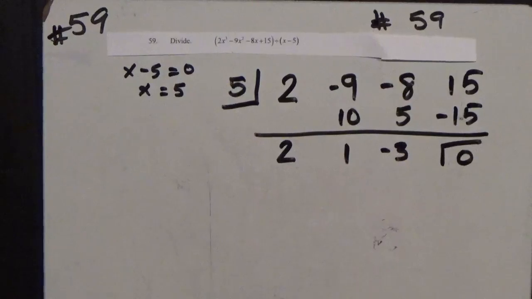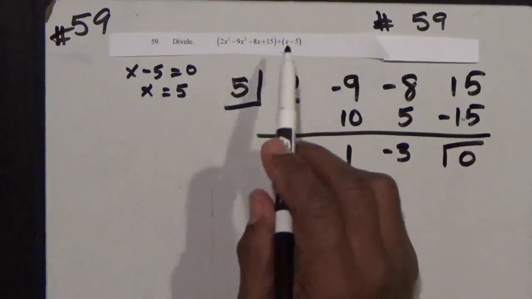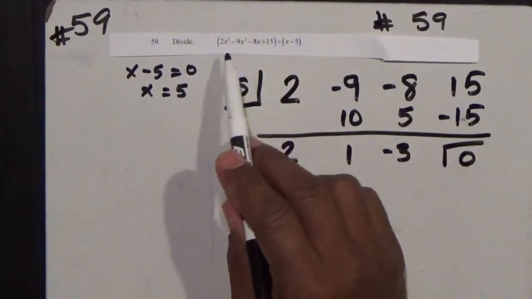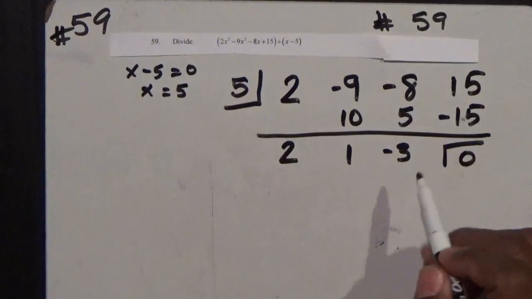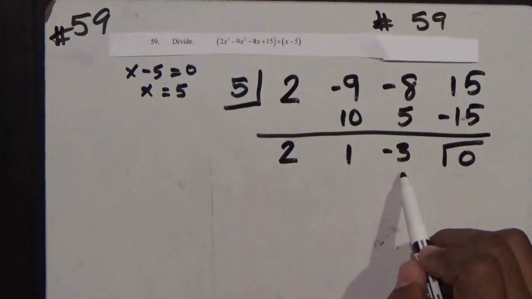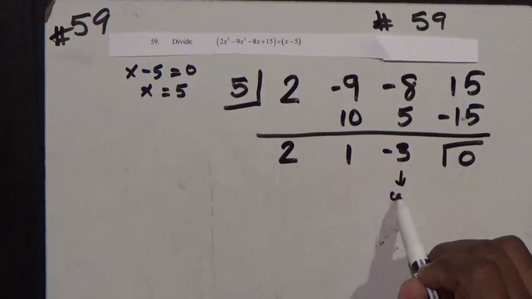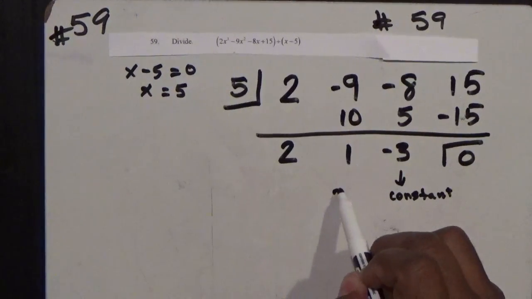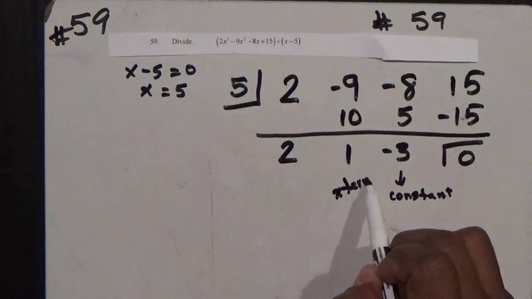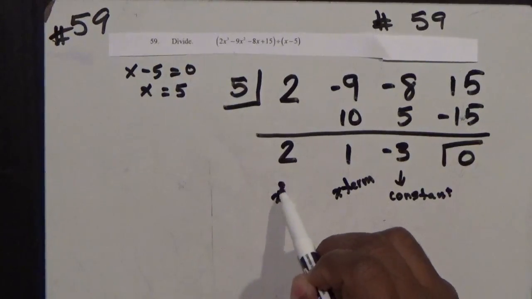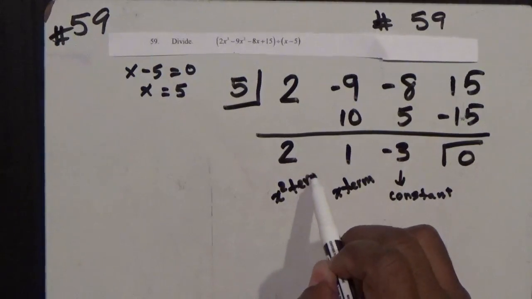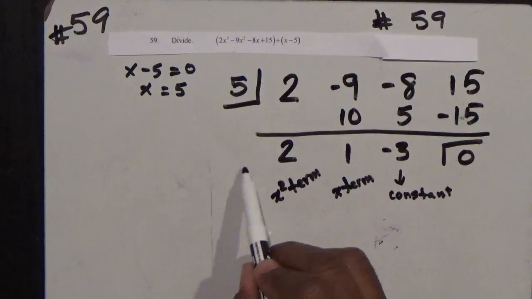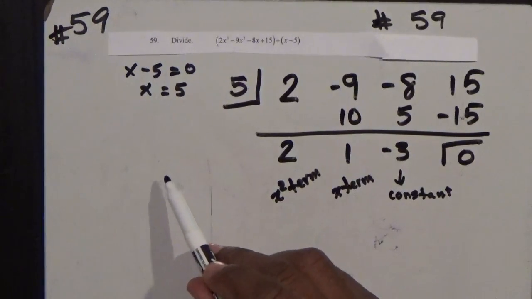So one thing we know is that x minus 5 is a factor of this polynomial. We write the rest of our answer using this as our constant. This is our x term. This is our x squared term. If we had more, this would be our x cubed, this would be our x to the fourth, and so forth.